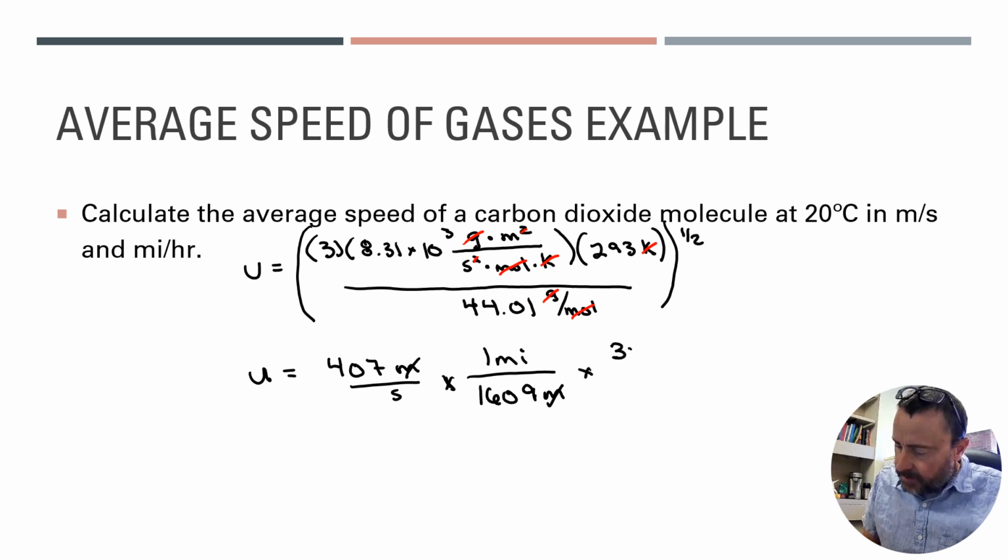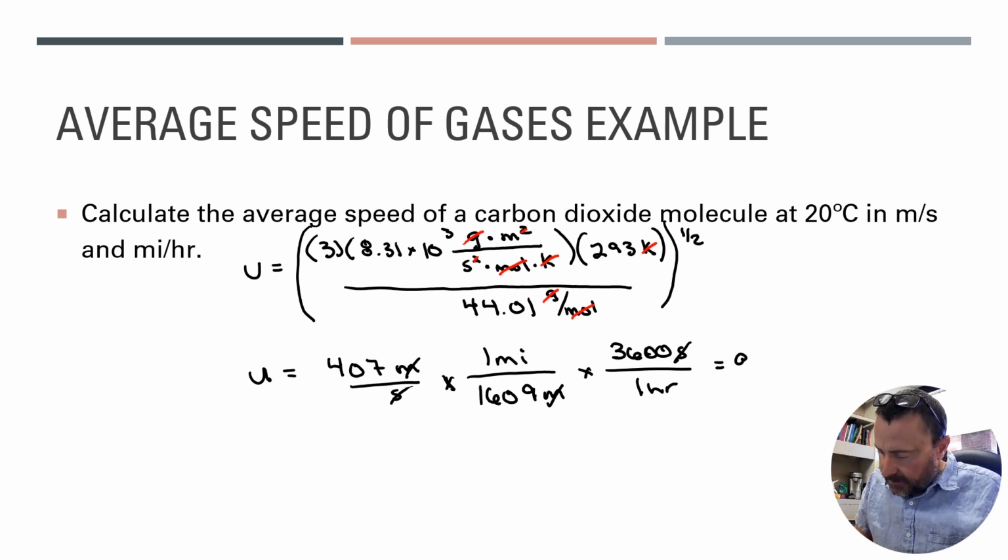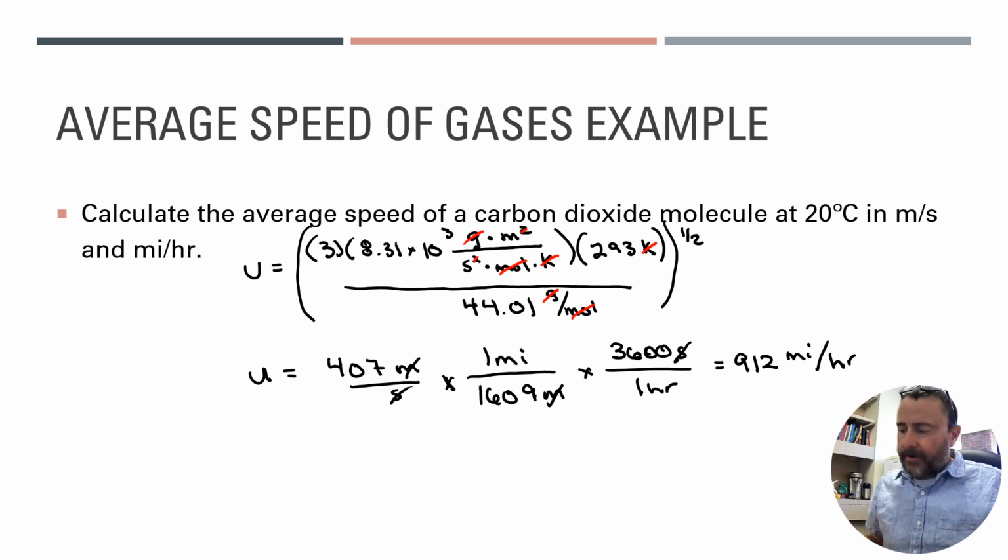And there are 3,600 seconds per hour. So seconds go away. I have miles per hour here. Okay, this is then, carbon dioxide at 20 degrees Celsius, a little below room temperature but not by much, is moving around at 912 miles an hour.